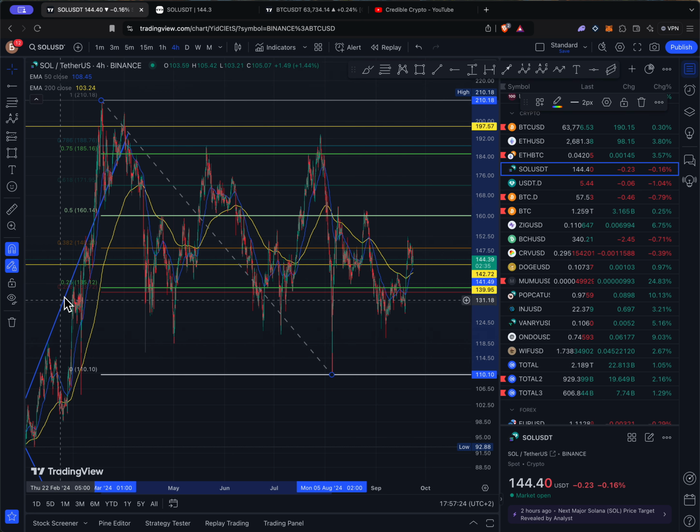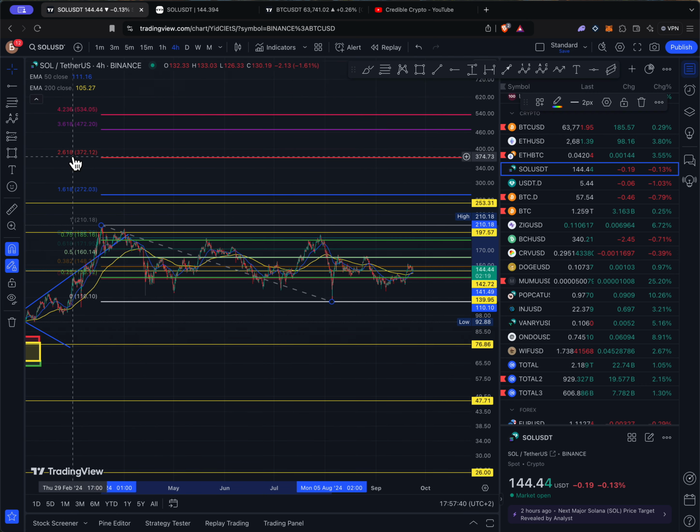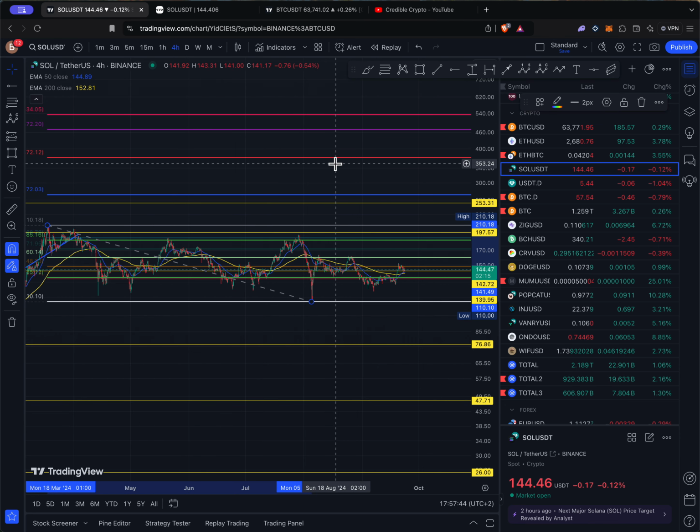I use the 0.236 and 0.25, but they are almost the same, 0.382, 0.5, 0.618, 0.75, 0.786, and the 1, plus the extensions of 1.618, 2.618, 3.618, and 4.236 as potential targets.